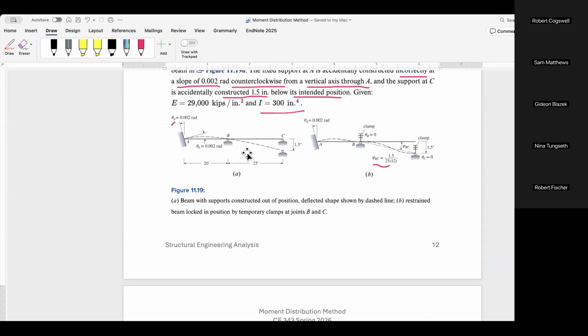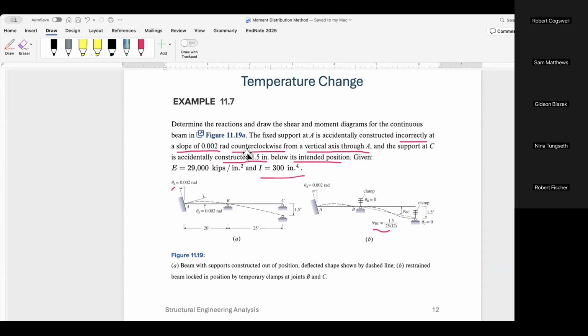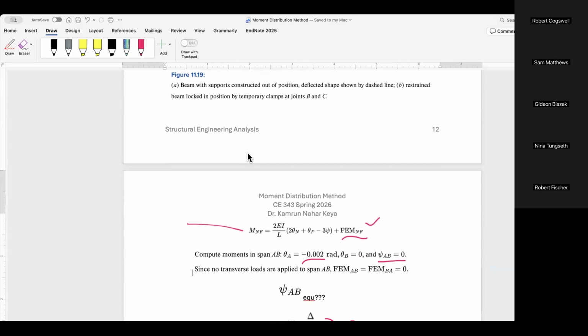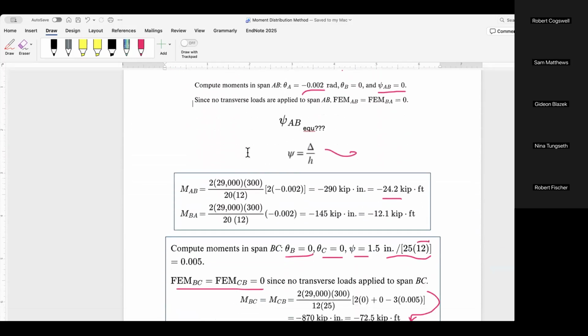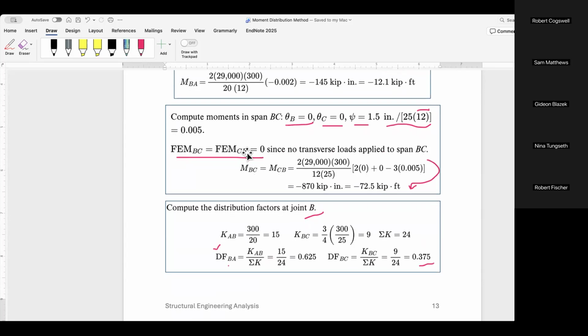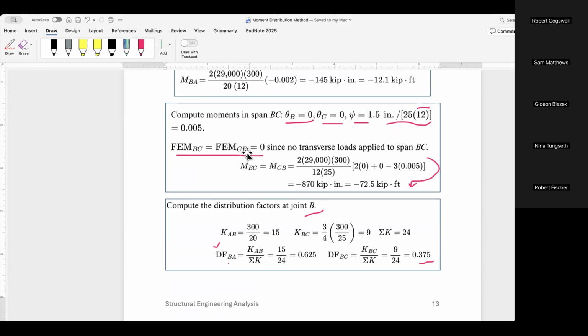What's the question number? For KBC, if you scroll down, when we're calculating the distribution factors like KAB and KBC, in that third box right there, it's I over L for KAB, but then it's 3/4 times I over L for KBC. I'm just wondering where the 3/4 comes from.